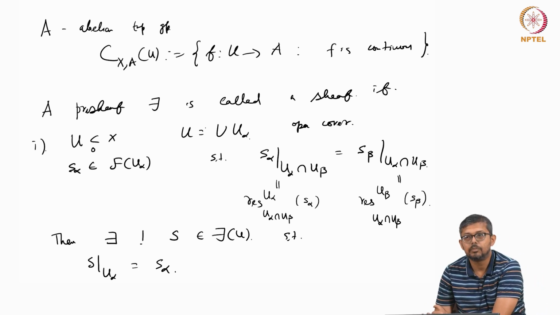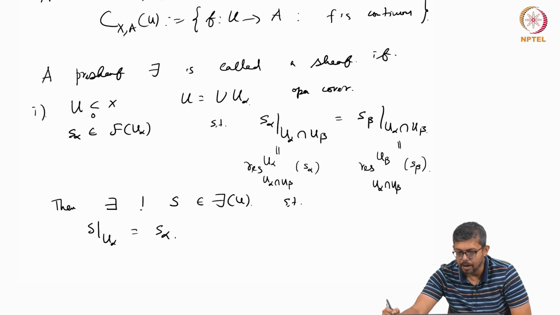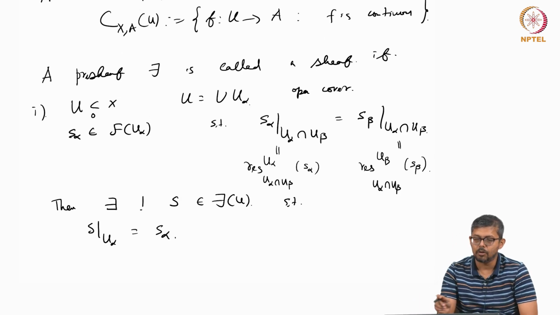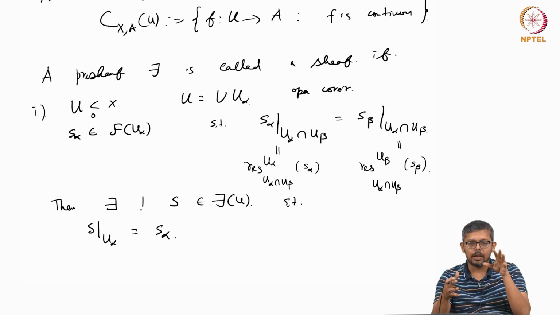So for every S alpha, you have an open subset, you could have taken X also, but U is any open subset of X. And if you have an open cover, basically it is like patching.